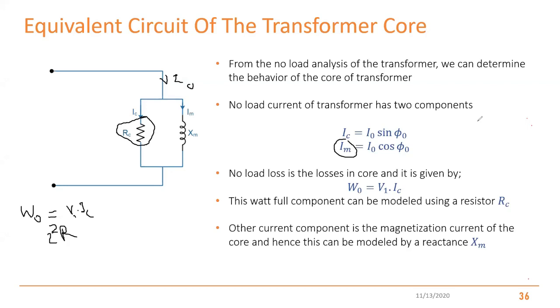So if we consider power storing devices, we can come up with the capacitor and inductor. Since it is more magnetic than electrostatic, we can model that energy storing part as a reactance XM.